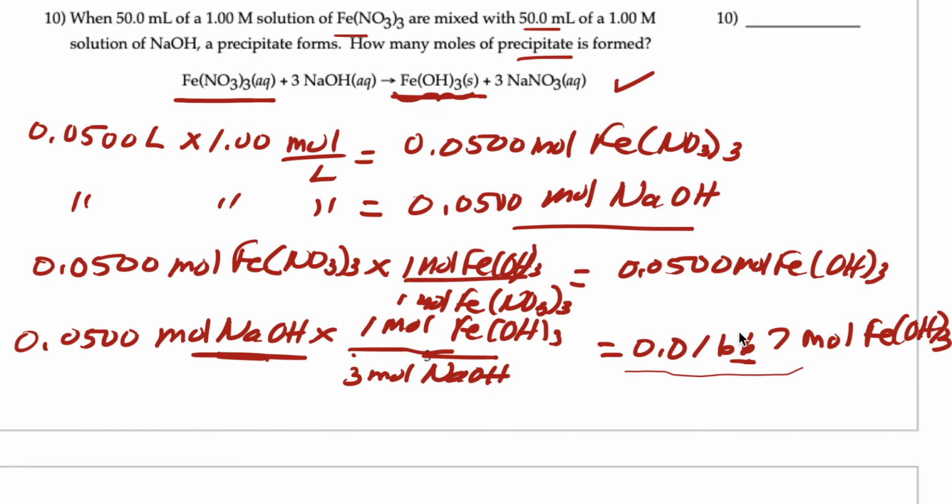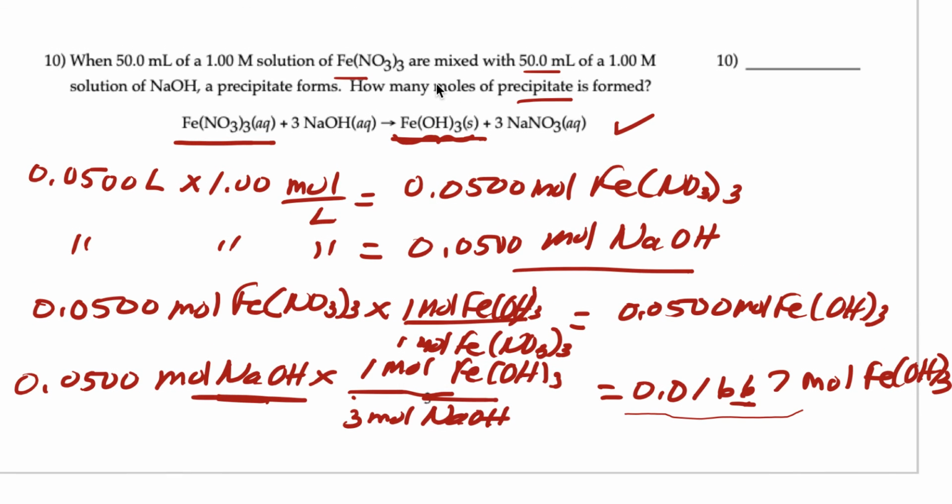I think they just wanted to know how many moles of precipitate is formed, and that would be 0.0167 moles of iron 3 hydroxide.